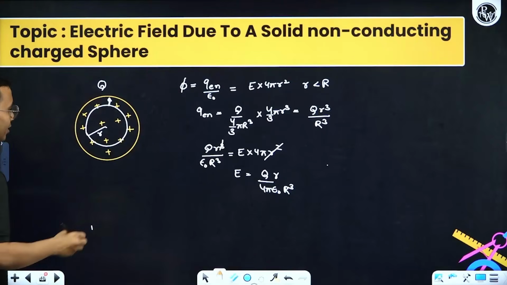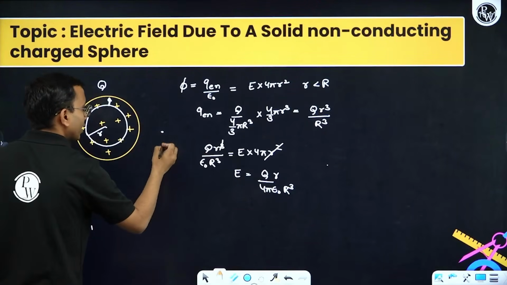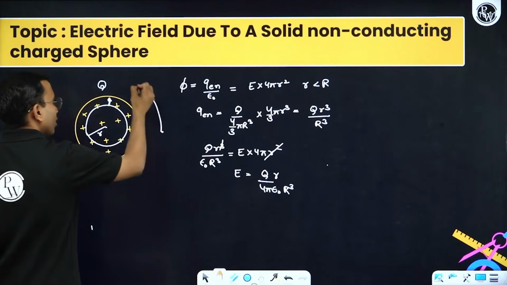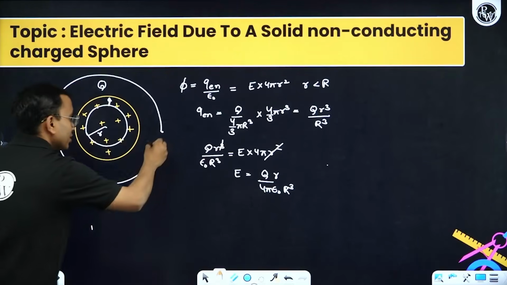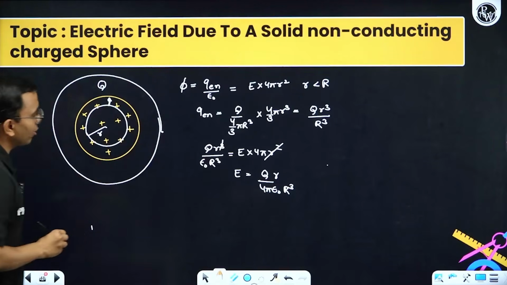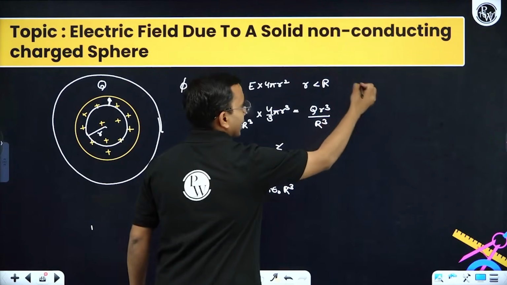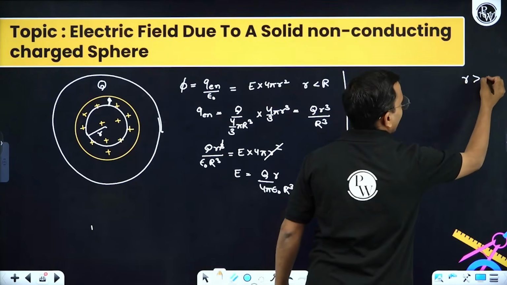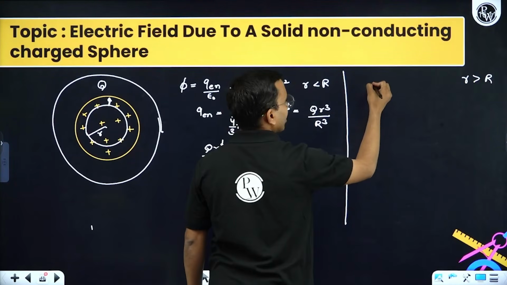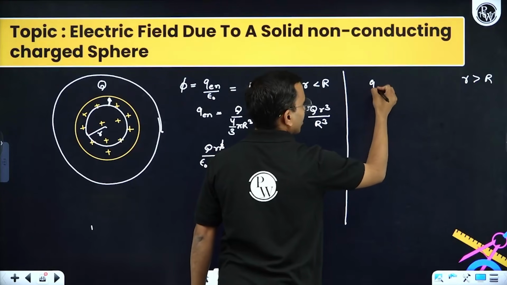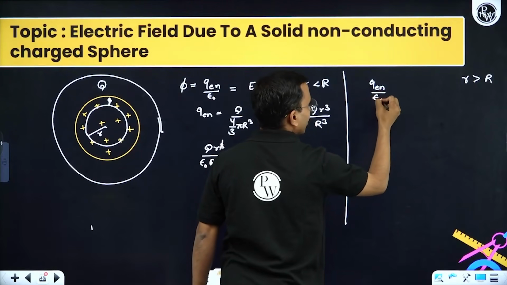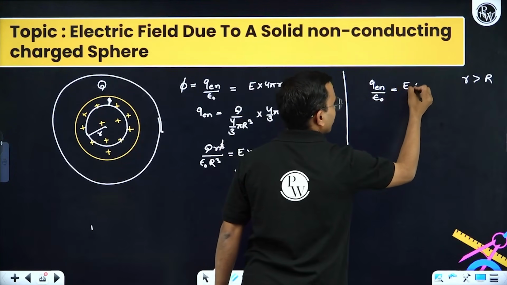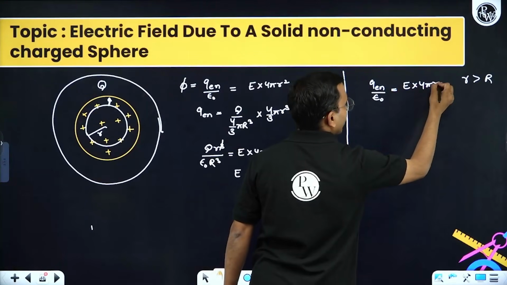If we talk about r greater than R, at any point somewhere here, let us take, we will draw this as the Gaussian surface. This is my Gaussian surface for the second case, r greater than R. So if I write the flux, Q enclosed by epsilon naught is equal to E into 4 pi r square, the area.